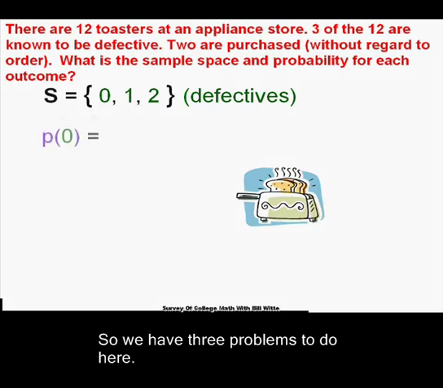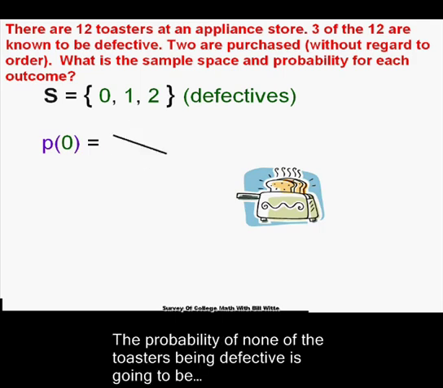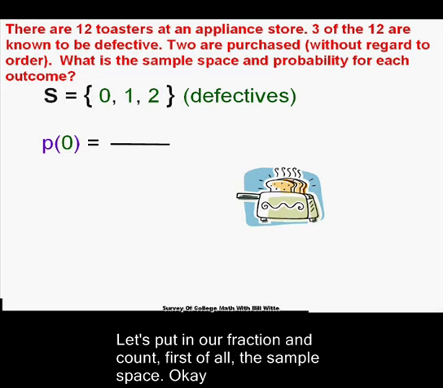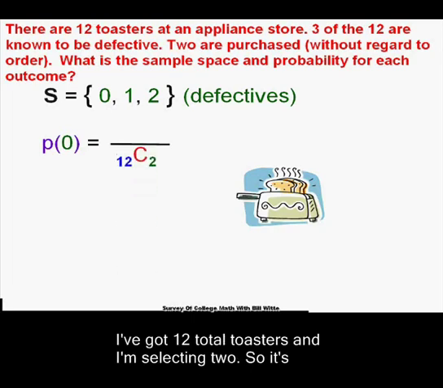The probability of none of my toasters being defective is going to be, let's put in our fraction and count, first of all, the sample space. I've got 12 total toasters, and I'm selecting 2. So it's a combination of 12 toasters taken 2 at a time.